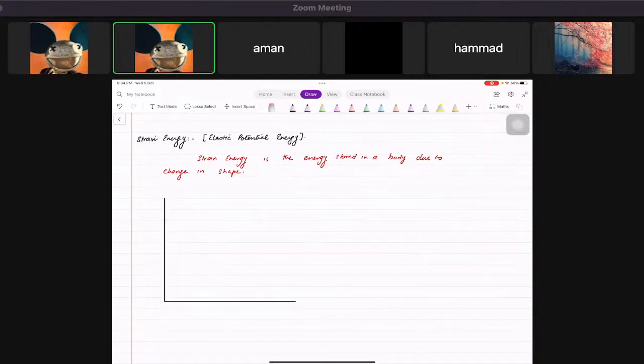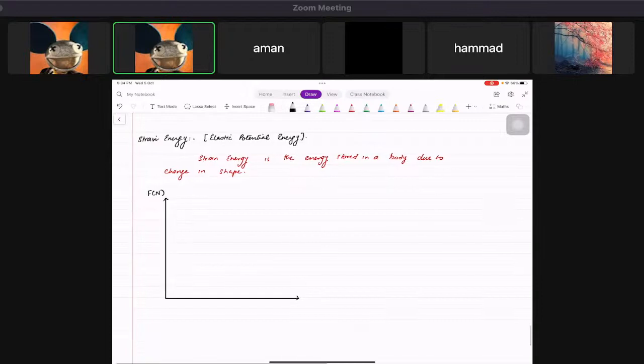So suppose we have force in newtons here, x in meters here. So the graph looks like this, suppose.